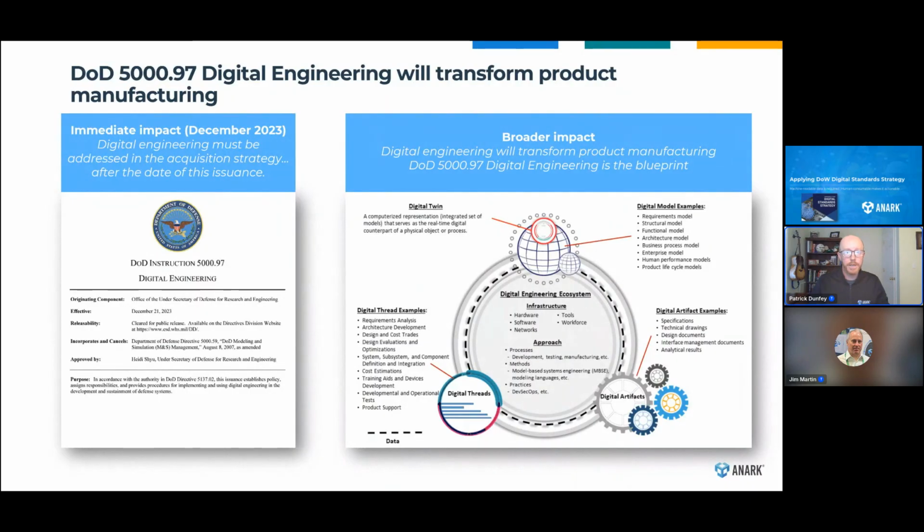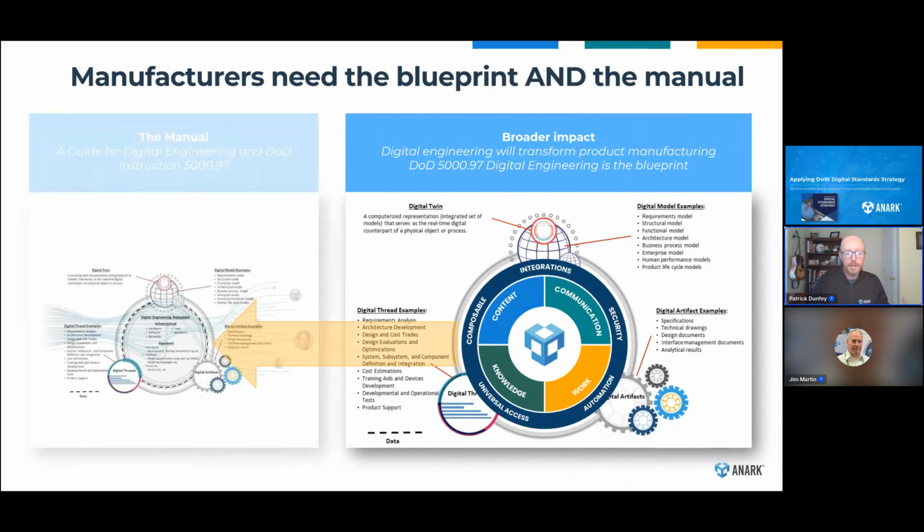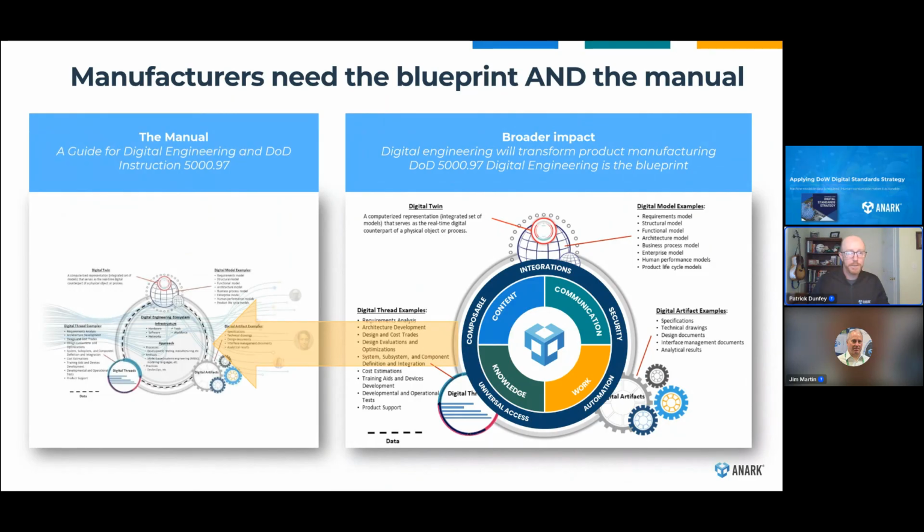And so a couple of years ago, we had a prior webinar that could be the precursor to today's webinar, where we talked through a concept around all of the details that need to go into that digital engineering ecosystem. And so what we saw in the past couple of years is, regardless of whether you're using Anark software or not, there is a strategy that involves content management, right?